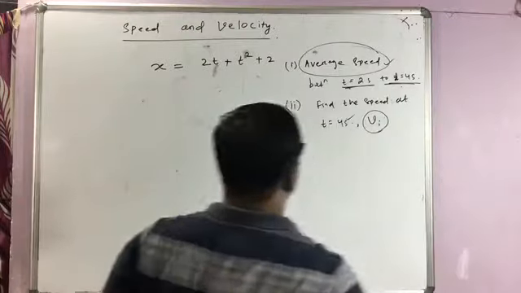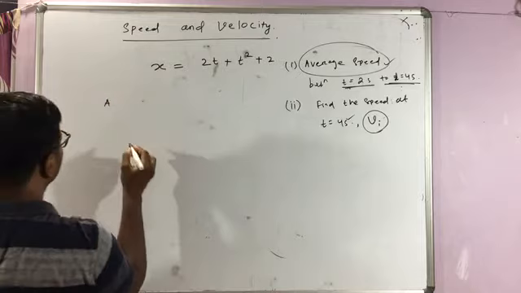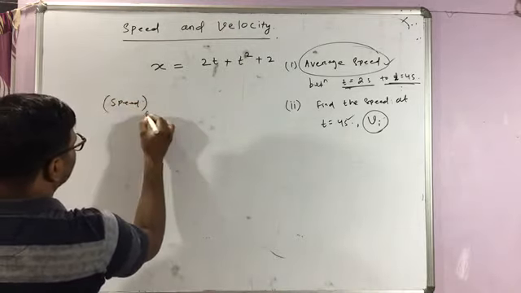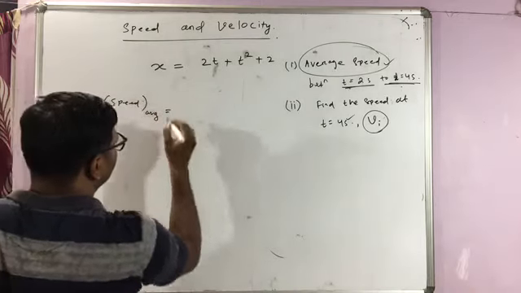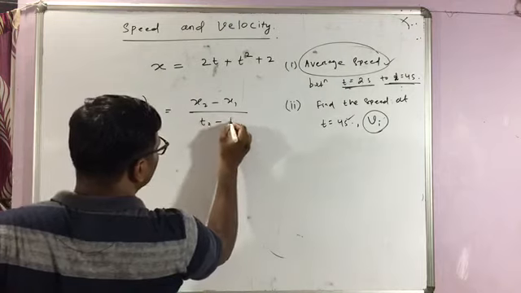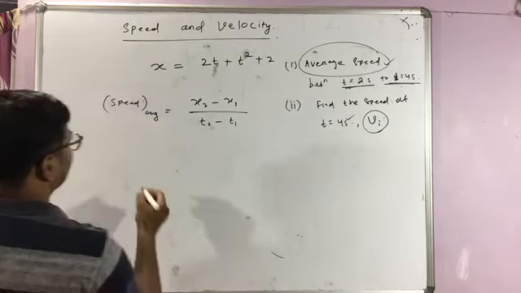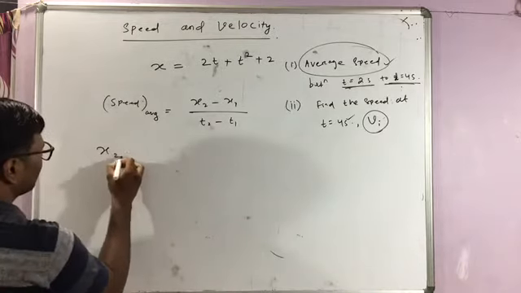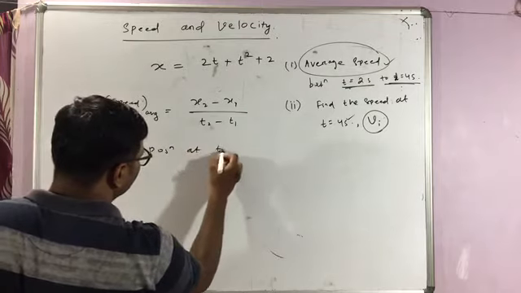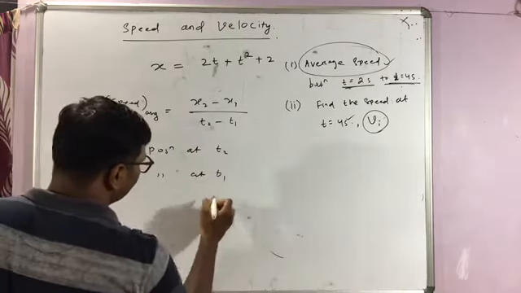So let us apply the formula for the average speed. To find out the average speed, we can use this formula x2 minus x1 by t2 minus t1. Got? So what is x2? x2 is the position at t2. x1 is the position at time t1.